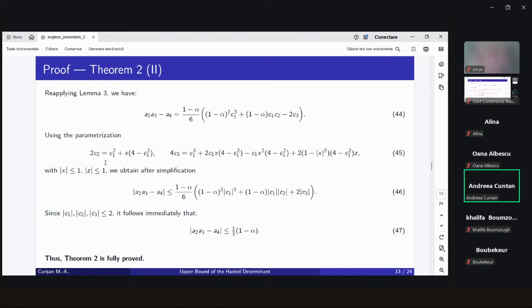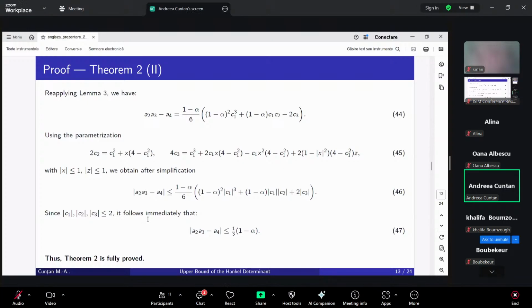With the relation, we obtain after simplification the next inequalities, since absolute value of C1, C2, C3 is less than or equal to 2, it follows immediately in the next equations. Thus, theorem 2 is fully proved.